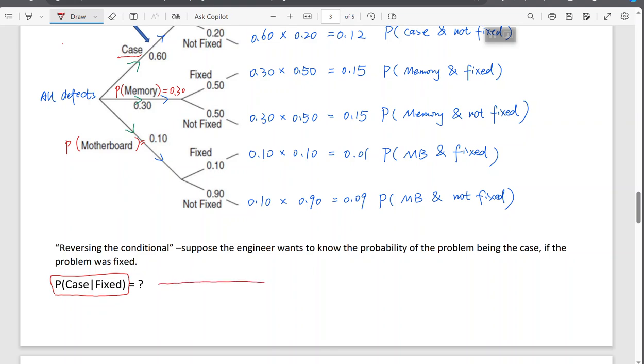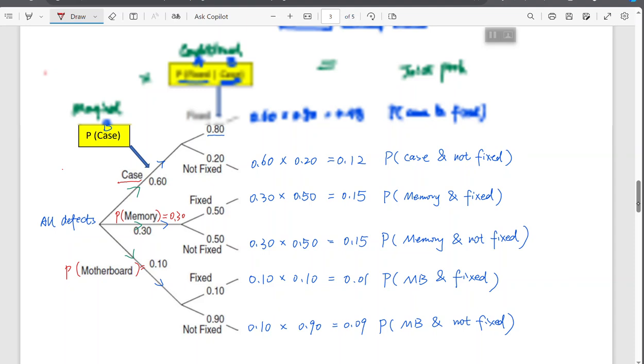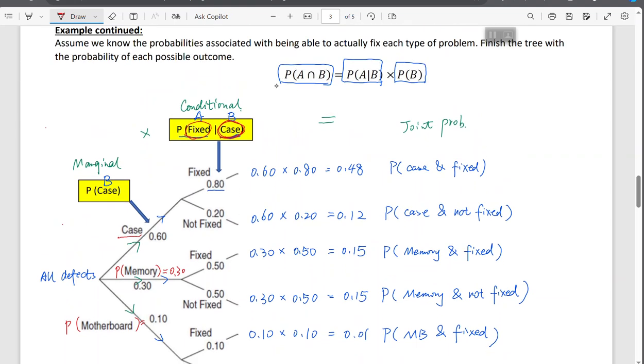This first is a conditional probability. Within all the fixed problems, how many of them are case alignment? That means it is a case alignment problem and gets fixed. This is also our formula. What is the probability of A given B?